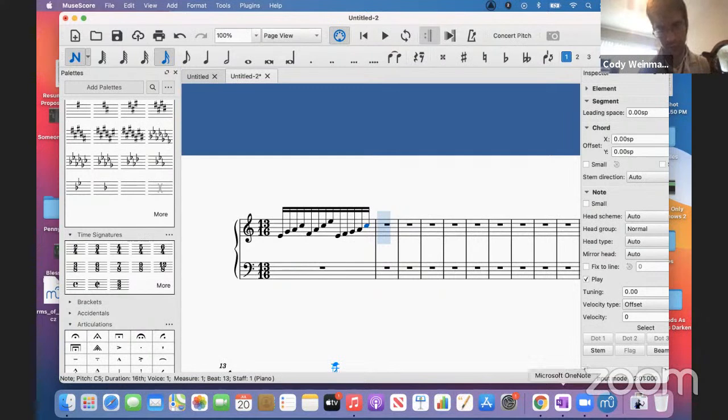You're going to have that sort of thing going on if you do 13/16, and that's how it's going to flow.